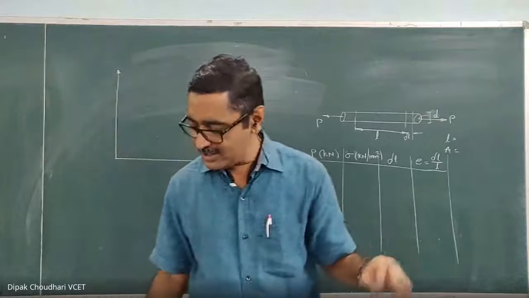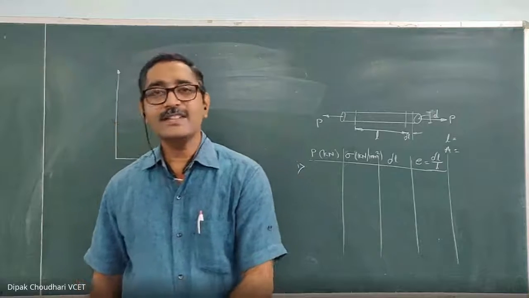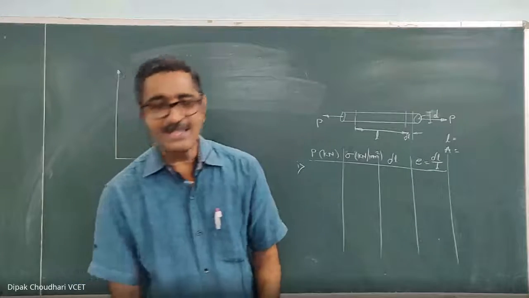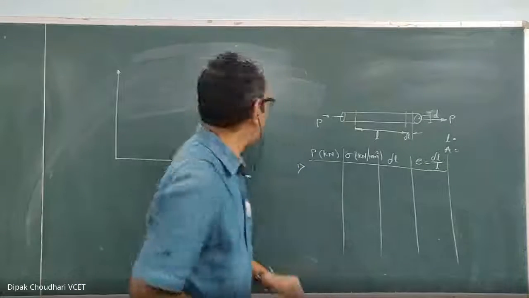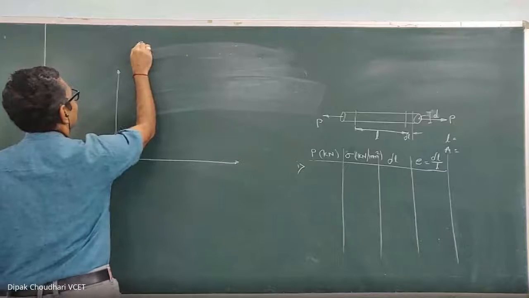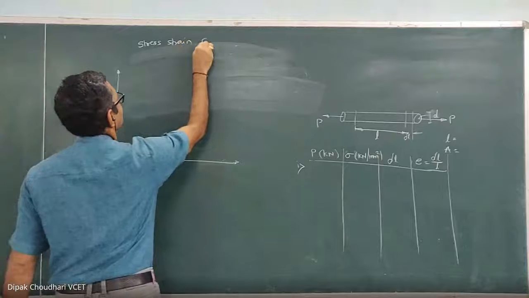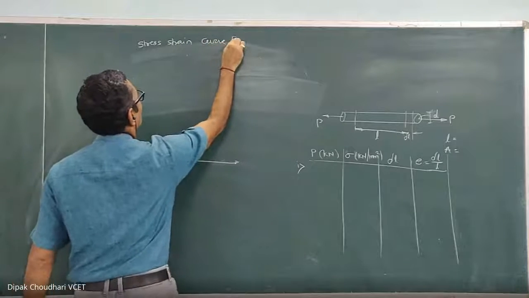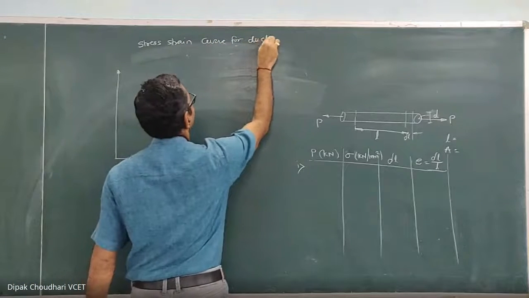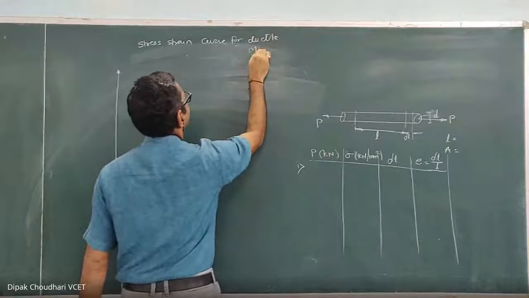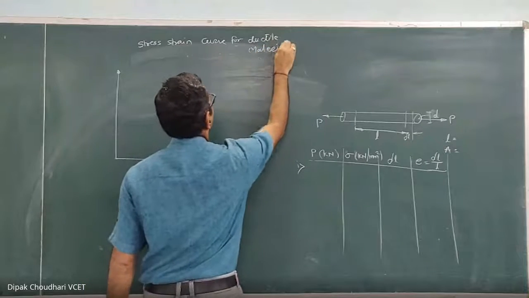Here initially we are going to consider the ductile material, that is mild steel. Mild steel is a ductile material. So this is the stress strain curve for a ductile material like mild steel.